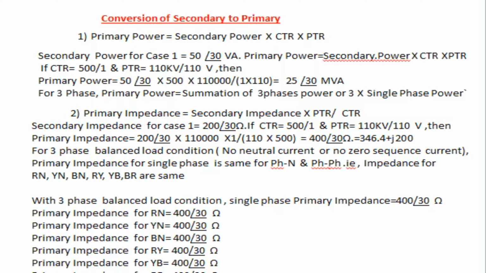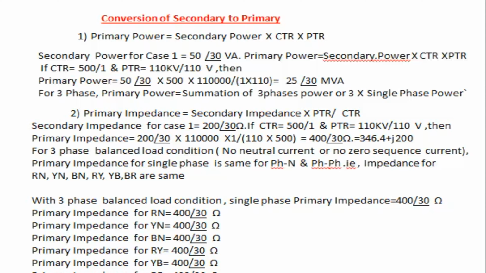For a 3-phase balanced load condition, there is no neutral current or zero sequence current. Primary impedance for single phase is the same for phase to neutral and phase to phase. That is, impedance for Rn, Yn, Bn, Ry, Yb, Br are the same. With a 3-phase balanced load condition, single phase primary impedance is equal to 400 angle 30 ohms.